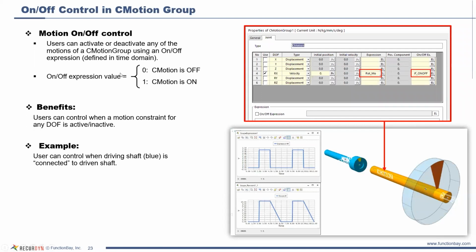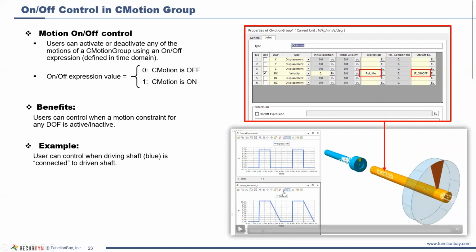And the way it works is that if the value of the on-off expression is 0, then the constraint is off. But if the value of the expression is 1, then the constraint is on. So in this example here, this top plot shows the on-off expression, which is pulsing up to 1 during certain parts of the simulation.